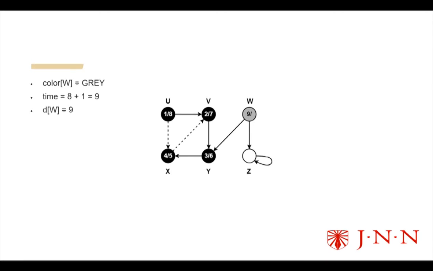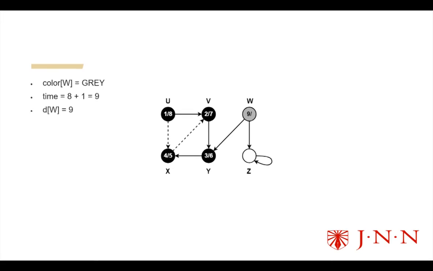Now that vertex u turned into black, you can see that another white node w is going to be processed. Now that vertex color is going to be turned into gray, and the time unit also gets incremented by 1. So the maximum time for the visiting of this graph is 8, plus 1 unit of time incremented.